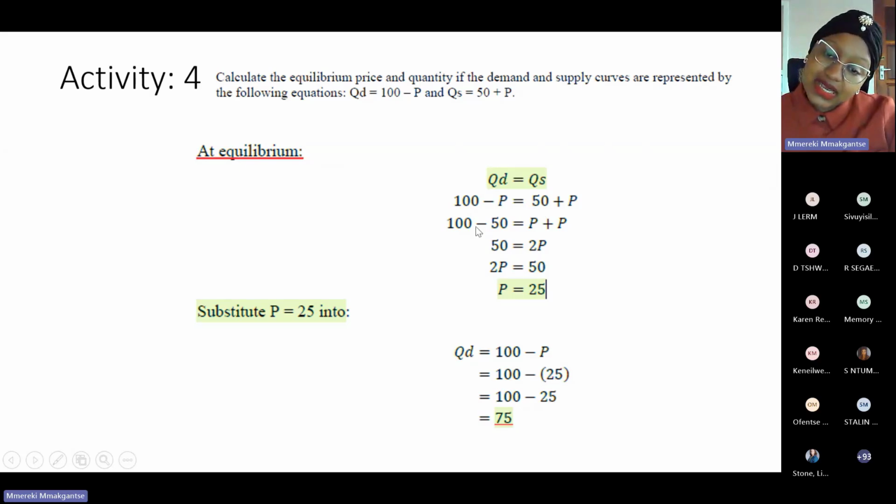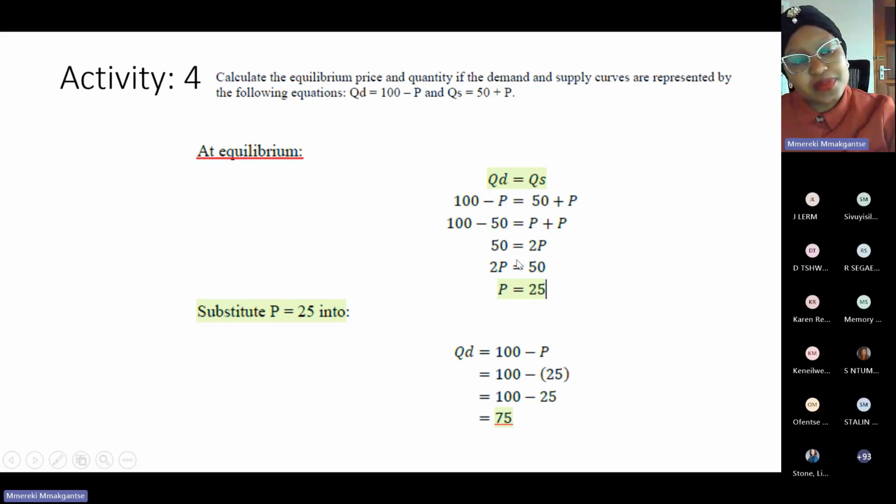P comes to this side, it becomes negative. So 100 minus 50 is 50. Therefore, this negative P comes to this side, so 1P plus another 1P is 2P.